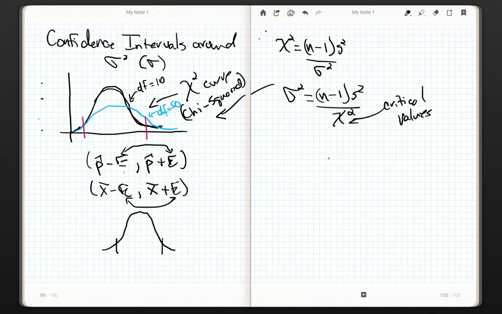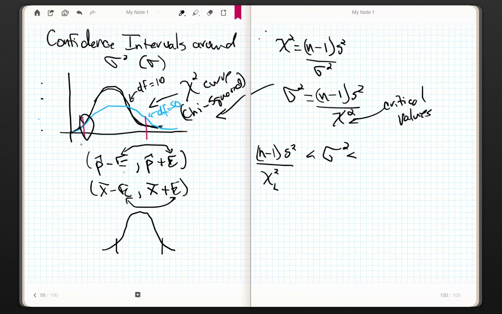The formula for this is actually sigma squared is going to live between n minus 1 times the sample standard deviation squared divided by chi-squared, except this is going to be the chi-squared value on the left. Then I'm going to have n minus 1 times s squared, and I'm going to divide that by the chi-squared value on the right. And we have to delineate these. We have to separate them because of that asymmetry. So this is chi-squared on the right.